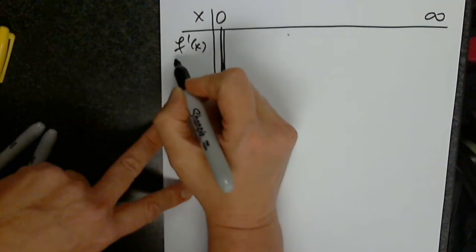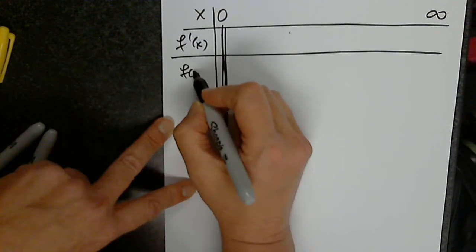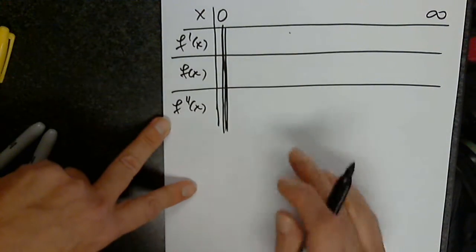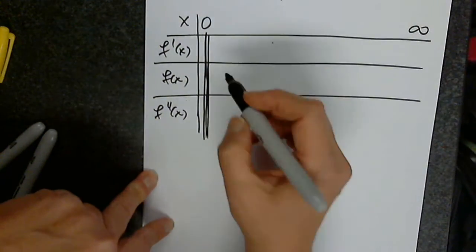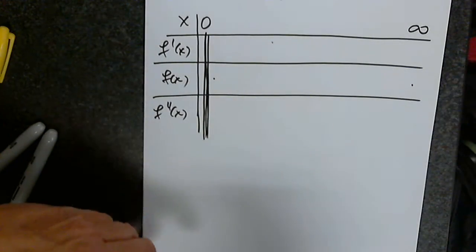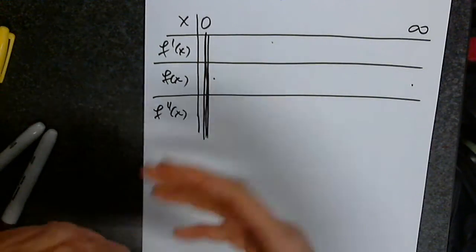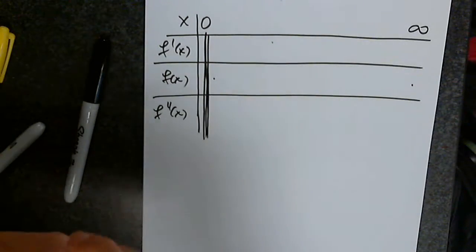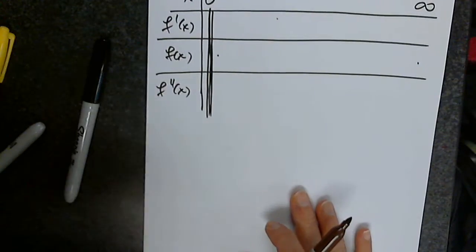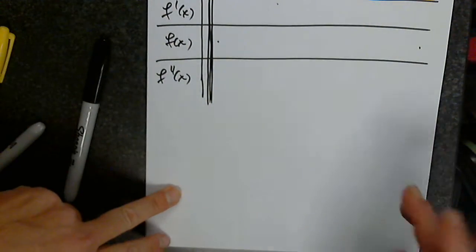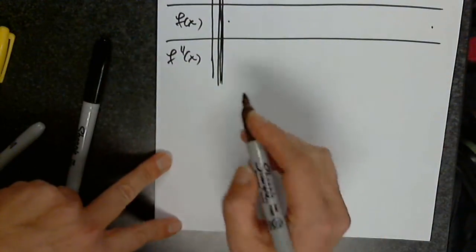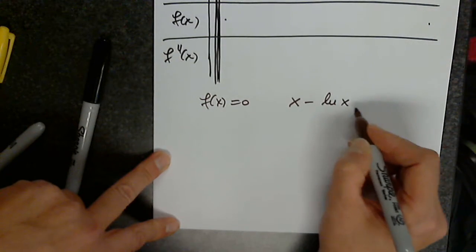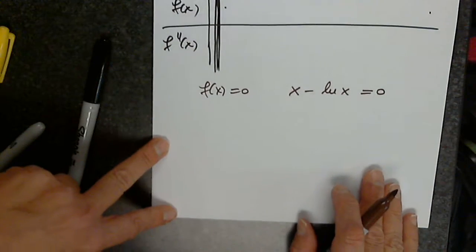So f prime of x, f of x, and the second derivative. Okay, so I need this, and I need the x and y intercepts if they exist. In this case, x is greater than 0, so there is no y-intercept. I can't plug in 0. No x, no y-intercept. So now f of x equals 0 means x minus natural log x is 0.